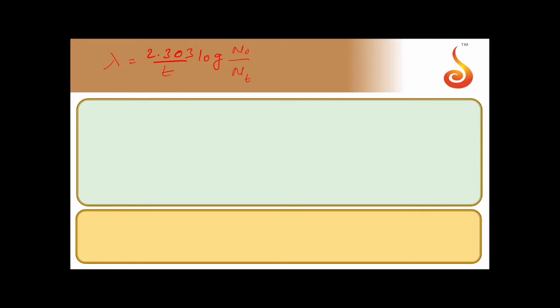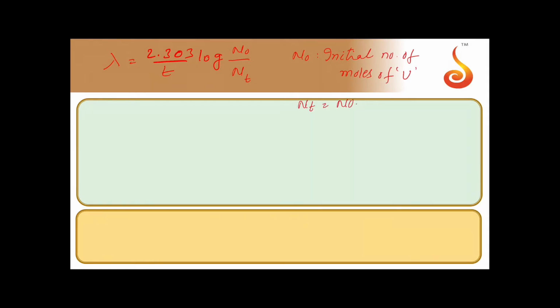Here N0 stands for the initial number of moles of uranium present, and Nt is the number of moles of uranium left.